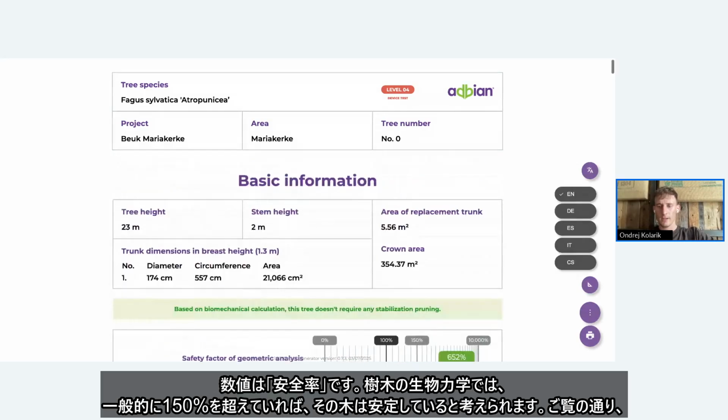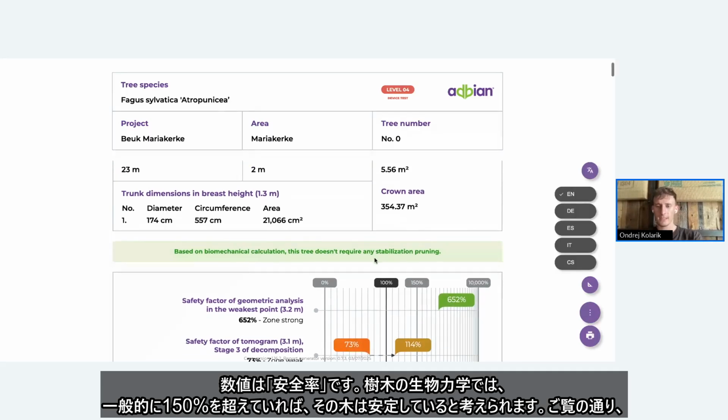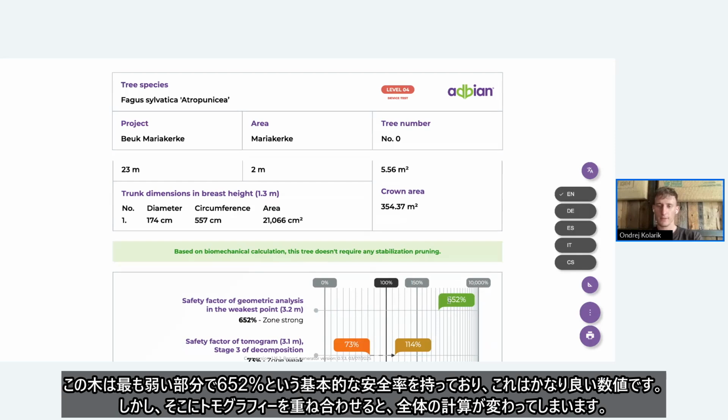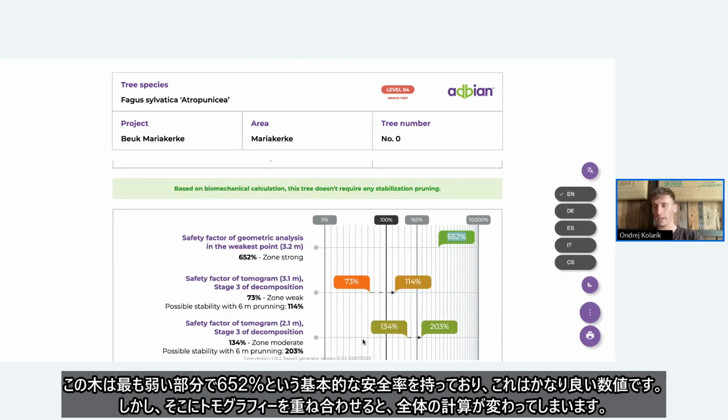So the main number in the report is the safety factor, which if it's above 150%, generally in tree biomechanics, means that the tree should be stable. As you can see, this tree has a basic safety factor of 652% in the weakest spot, which is quite good. But then we attached tomography and it changed the overall calculation.